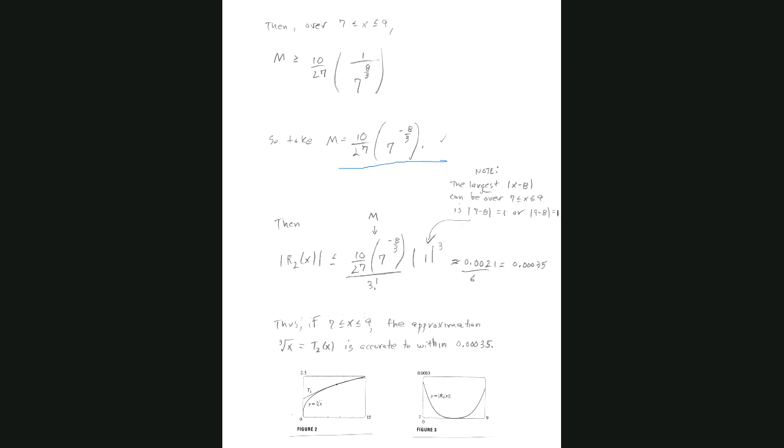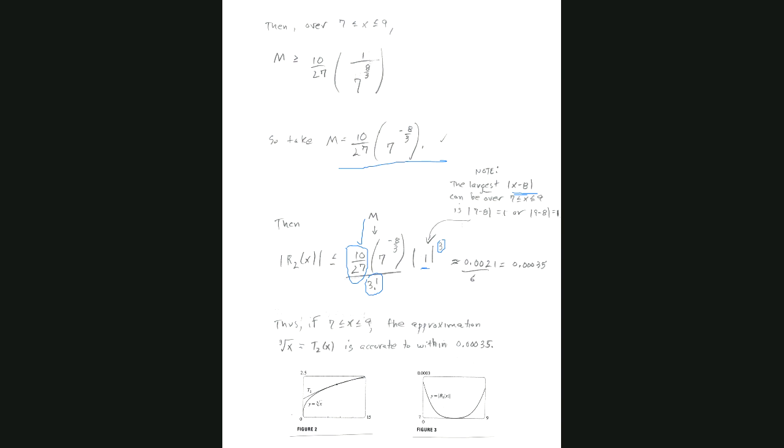Okay, and so I'm just recapping this, particularly this Taylor inequality part for this problem, just to make sure you're comfortable with it. And now that we know what M is, we have 3 factorial in the denominator because that's 2 plus 1 factorial. The absolute value of x minus 8 is raised to the third power, and the largest that could ever be is 1, because we're restricting x to be between 7 and 9.